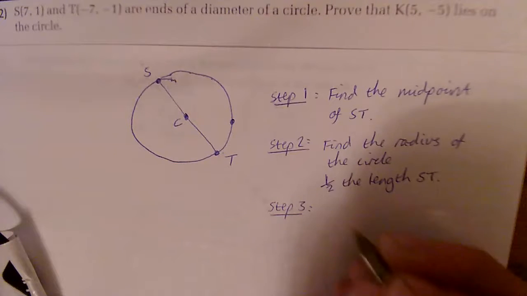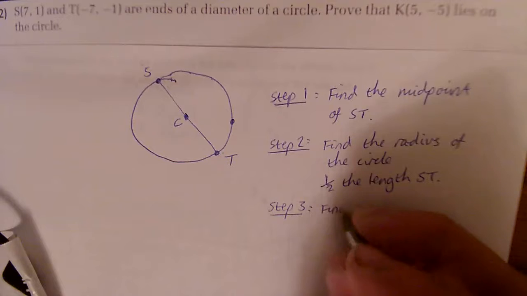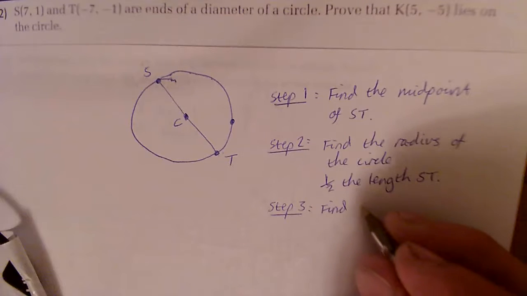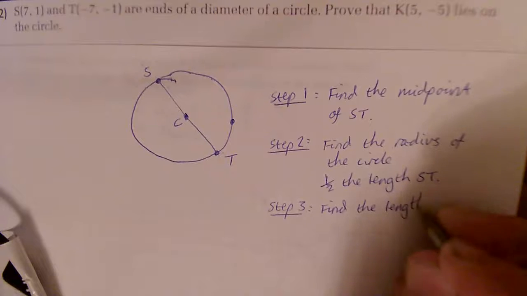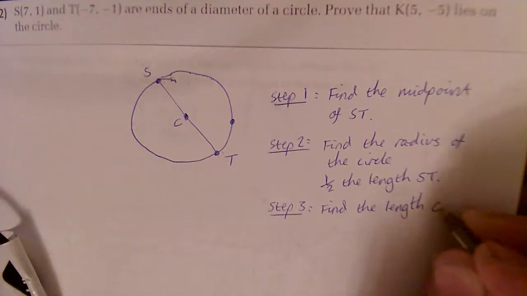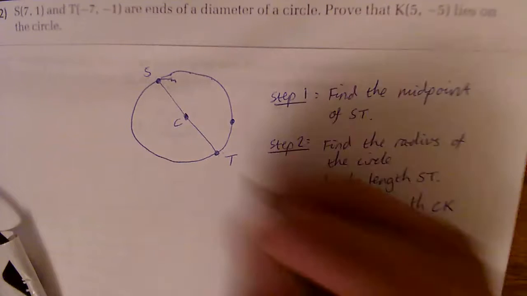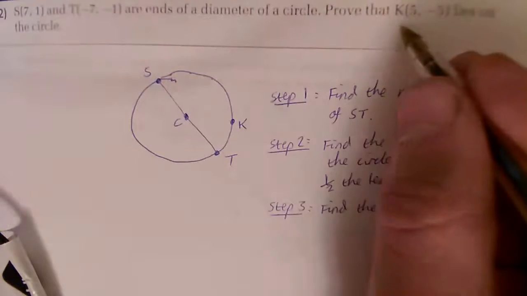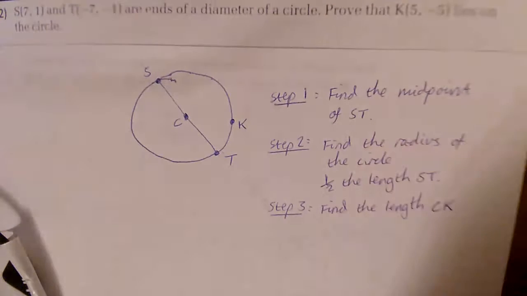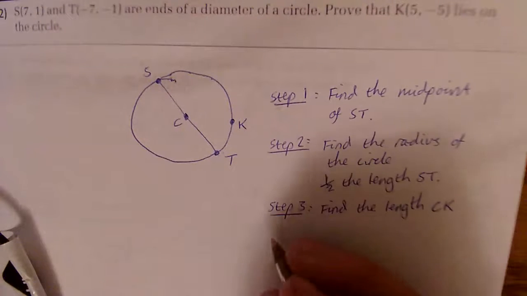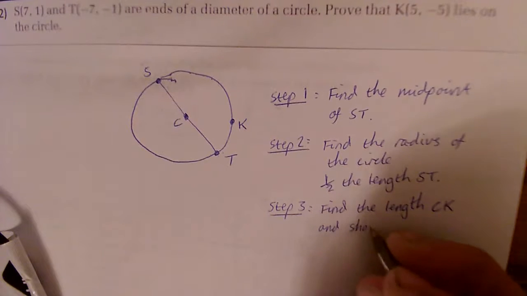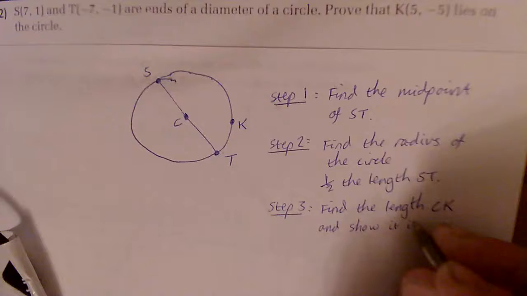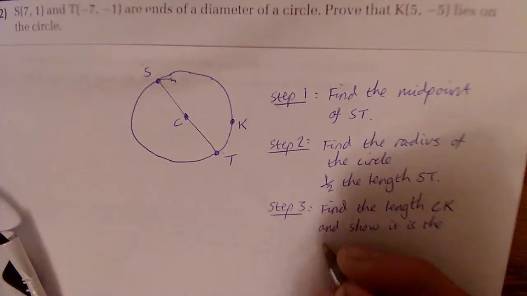Step 3 is to find the length CK, at this point on the edge that we're checking in our question, that's point K. Find CK and show it is the radius.